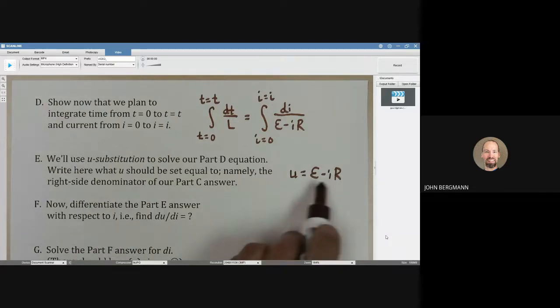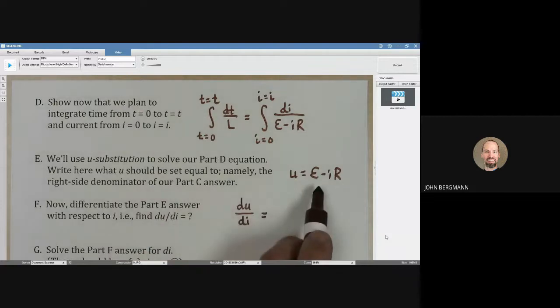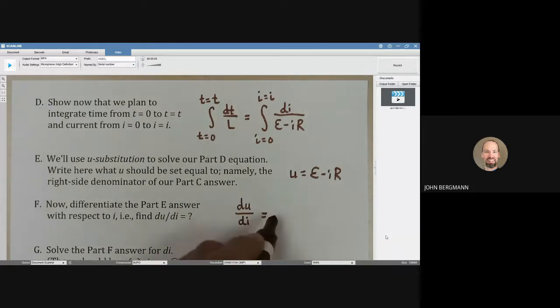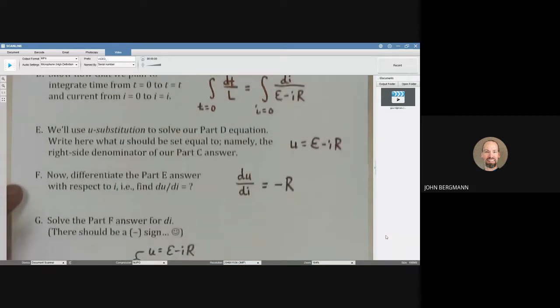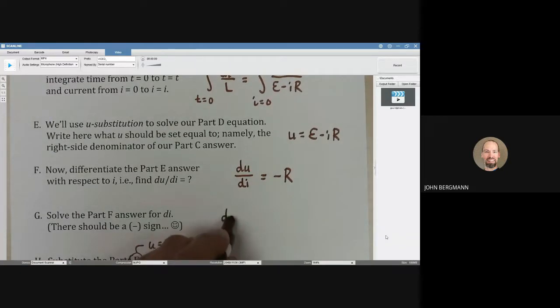If we differentiate this with respect to i, the voltage E gives nothing, and on the right side, you simply get minus R. Let's rearrange this to say what di is equal to. di would be minus du over R.